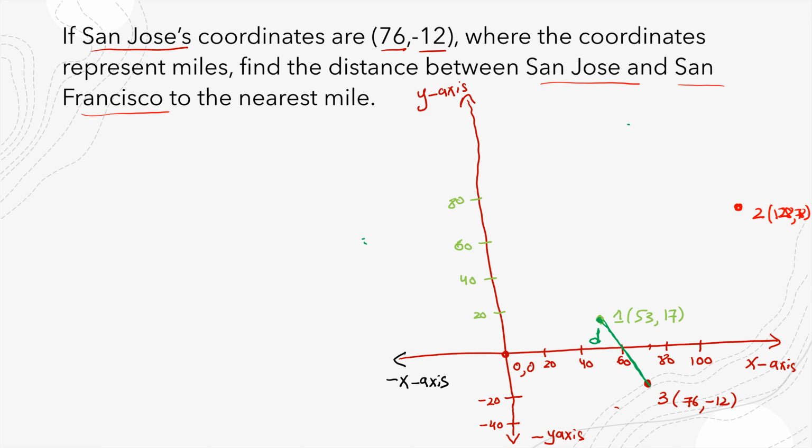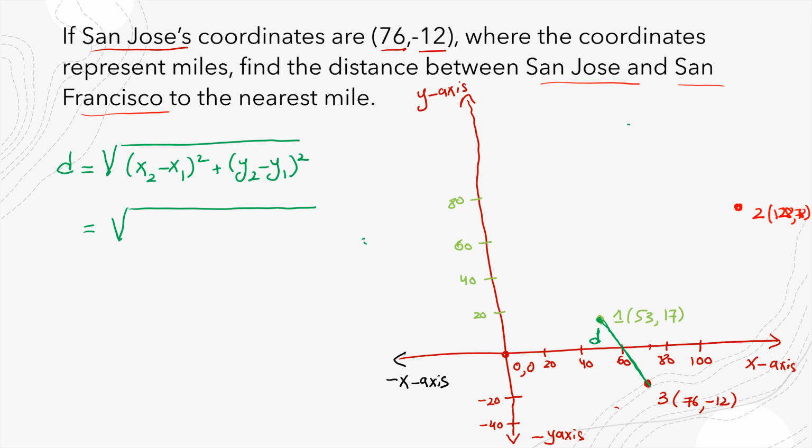You can use graphic methods as well, but you have to draw the graph to scale and measure the distance, or we can use our distance formula, d equals root of x2 minus x1 square plus y2 minus y1 square, plugging in the numbers.